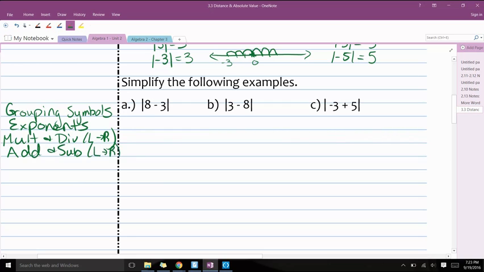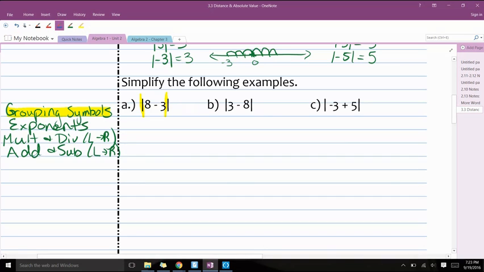Okay, the reason I bring this up is that absolute value symbols, these little field goal guys, are grouping symbols. So when you go to simplify something, it does not mean you take the absolute value first. It means you take care of what's inside of the grouping symbols.